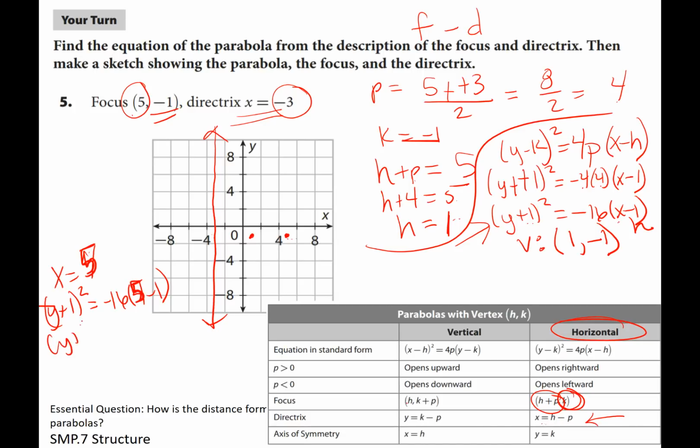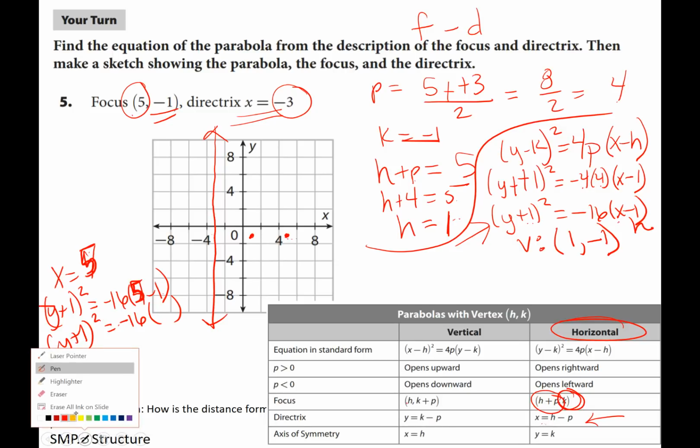So y plus 1 squared equals -16, 5 minus 1. Oh, that's still not good, is it? Actually, if I did put in a -4. Sorry, I've changed it on you three times. I apologize. No, -4 doesn't do us any good either.